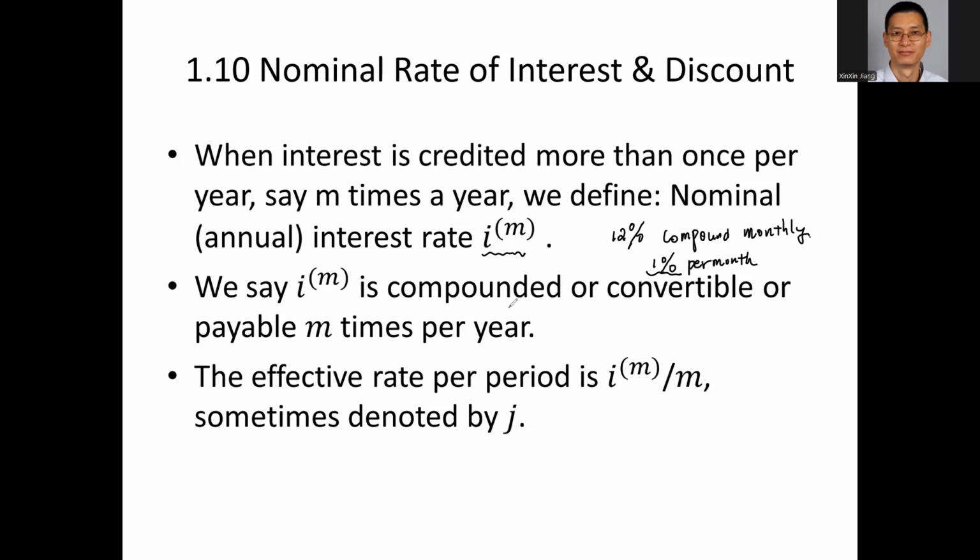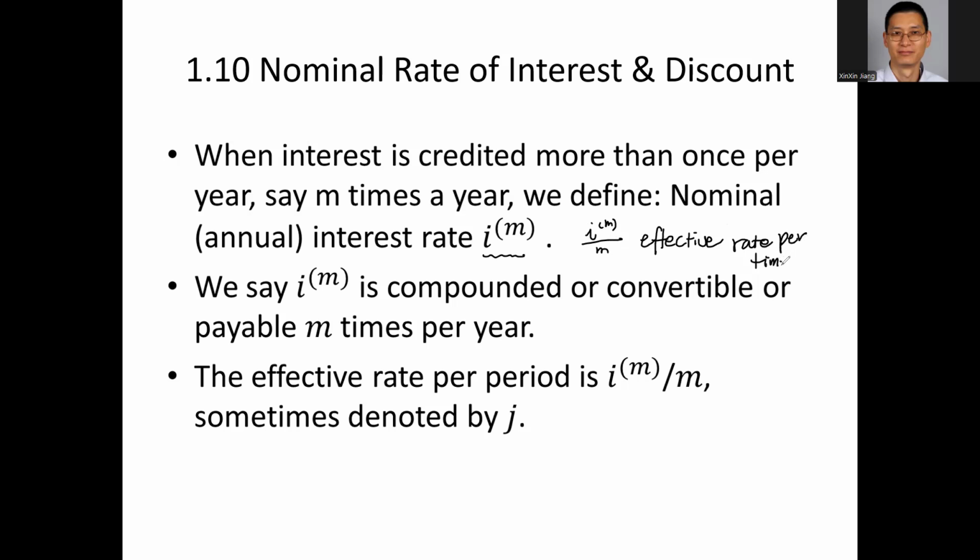So the meaning of this i to the parenthesis m is this number, the nominal rate, divided by m, will be the effective rate per time period.